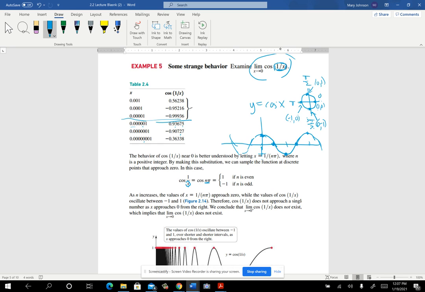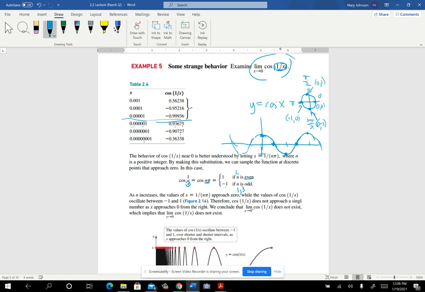They did that because you already know this. If you have cosine of 1 pi, you're here, and the cosine would be -1. If you have the cosine of 2 pi, you're all the way to here, and the cosine would be +1. And if you go around to 3 pi, you're back over to here, so you're back at -1.